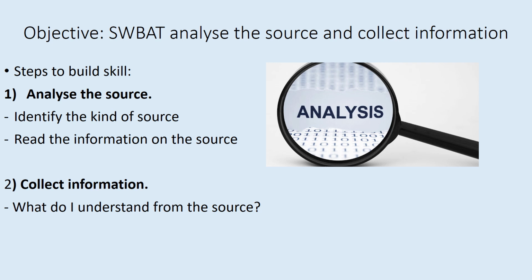Now, how are we going to collect information? We are going to ask ourselves this question: what do I understand from the source? What all information am I getting from the source? So, these are our steps to build skill for today's class.